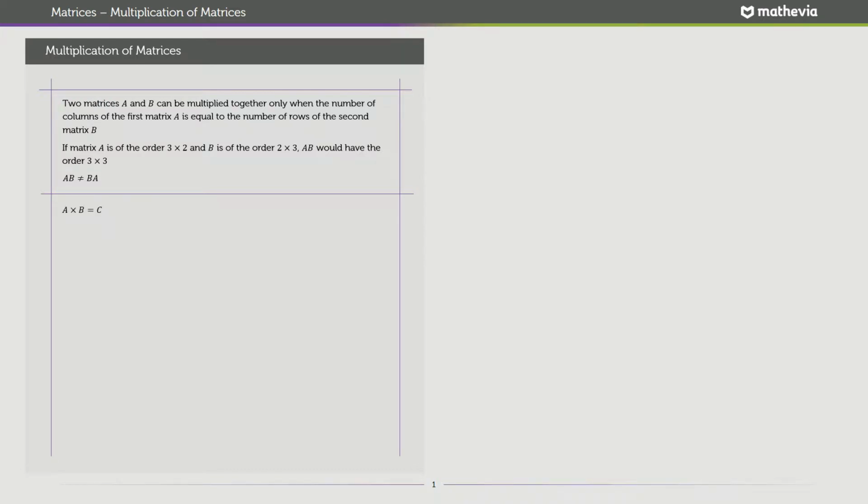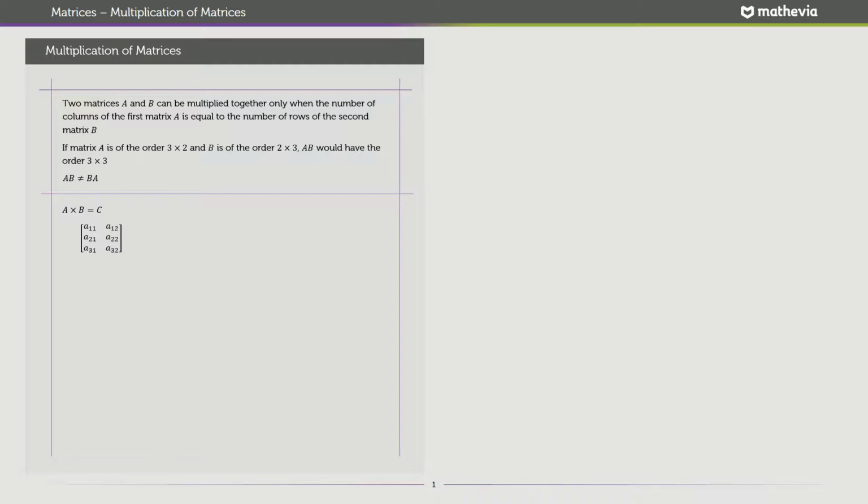We have a matrix A and a matrix B, and we're looking to multiply them to give us a matrix C. This is our matrix A, a 3 by 2 matrix, so it has 3 rows and 2 columns. For each of the elements in matrix A, in the first row and first column we have an element A11, which means it's in the first row and the first column.